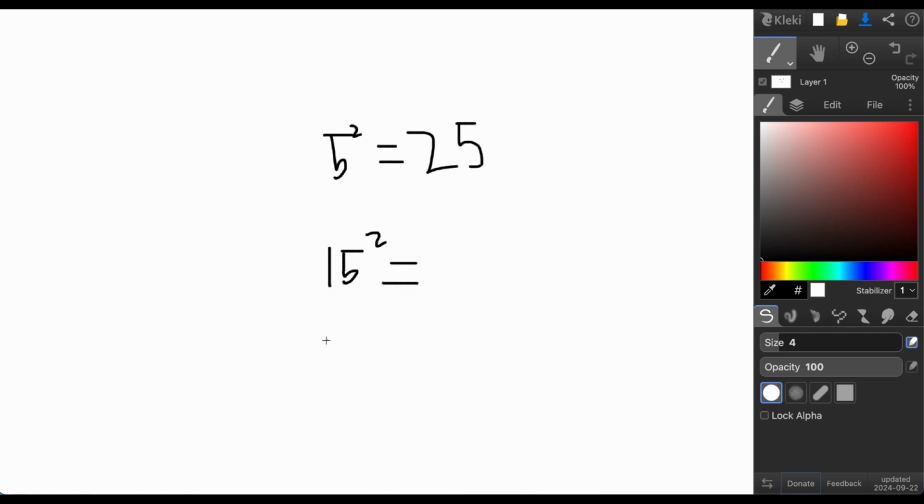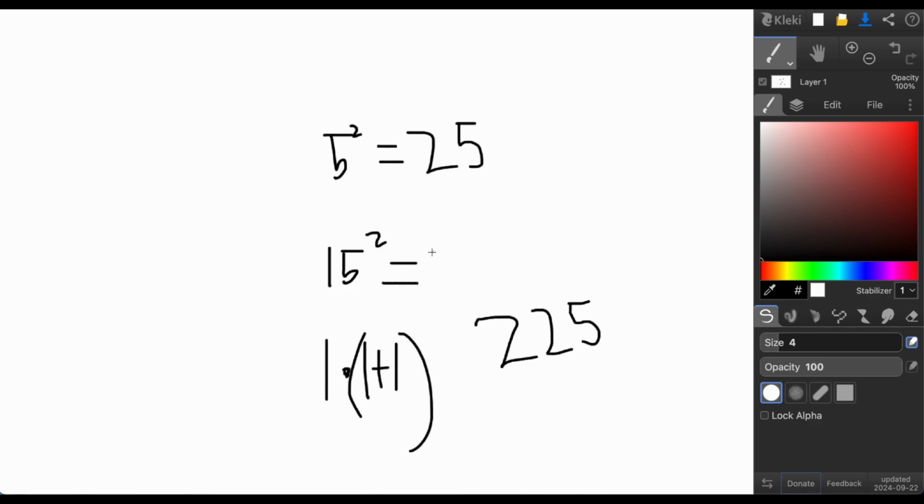You take the leading digit, which is a 1, and you multiply it by that number plus 1. Make sure you put parentheses, which would be 2, right? So now you have a 2, and you always at the end add 25. Okay, so this would be 225.